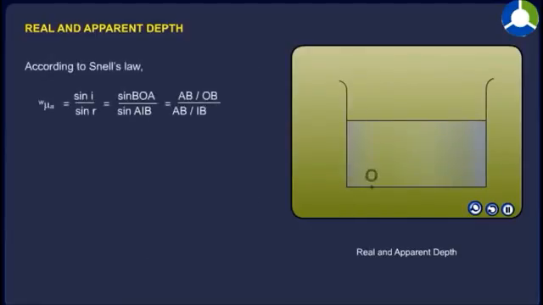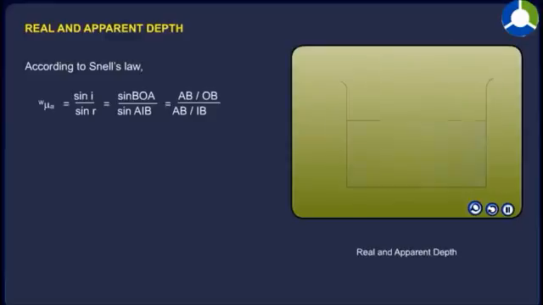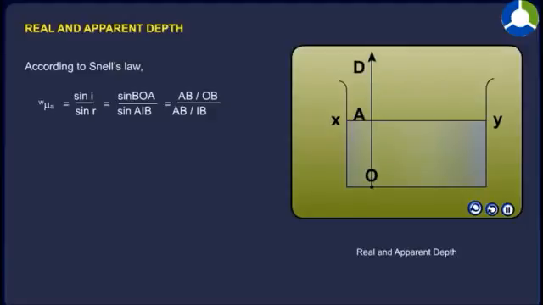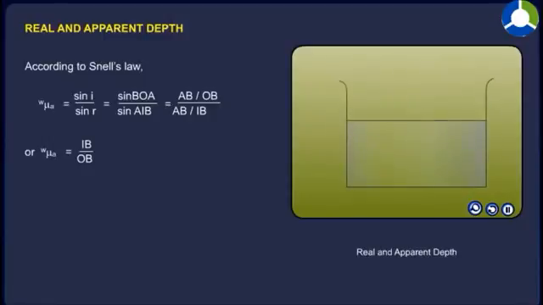According to Snell's law, wμA is equal to sin i upon sin r is equal to sin BOA upon sin AIB is equal to AB upon OB whole upon AB upon IB, or wμA is equal to IB upon OB.